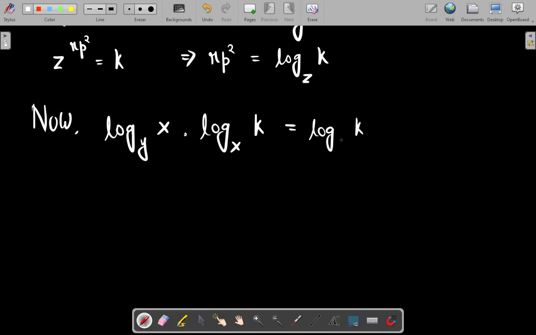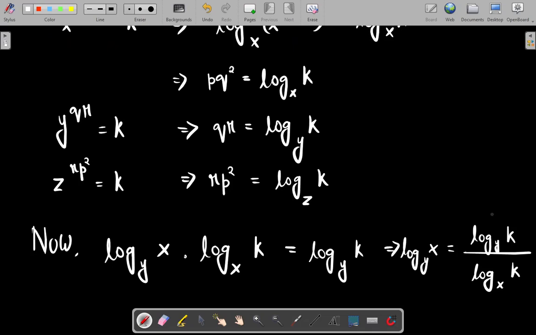So this becomes log k base y. So from here we can conclude that log of x to the base y will be equal to log k base y upon log k base x. I've kept this first term separate and I have divided both sides by this log k base x, right? Okay, so we get this equation.